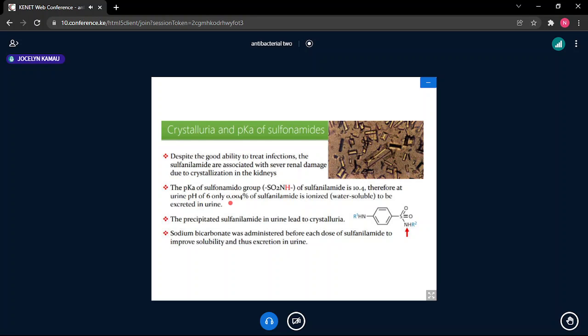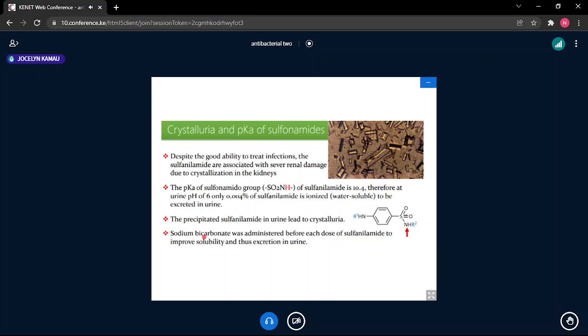Of course, one is, as we have said, structural modification of the sulfonamide, which can give you a sulfonamide with a lower pKa and a higher Ka, and therefore improved water solubility. The other way you can reduce the crystalluria is by alkalinizing the urine. So sodium bicarbonate can be administered before each dose of sulfanilamide to improve solubility and thus excretion in urine.